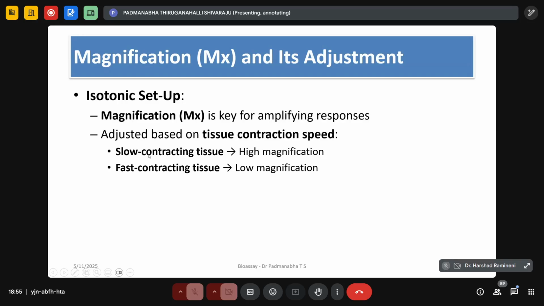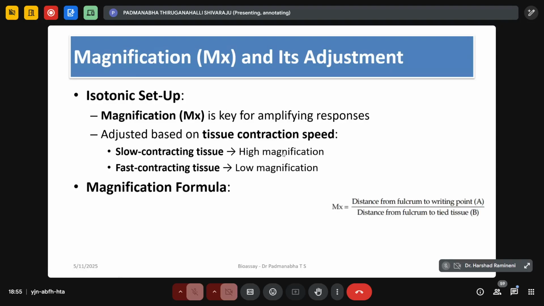As we discussed earlier, for fast contracting tissue we require 5 to 10, whereas for slow contracting tissue we require 10 to 15 magnification. The magnification formula: the distance from the fulcrum to the writing point is A, and the distance from the fulcrum to the tied tissue is B. Dividing the distances gives the magnification value, that is the length of the effort arm over the length of the load arm.